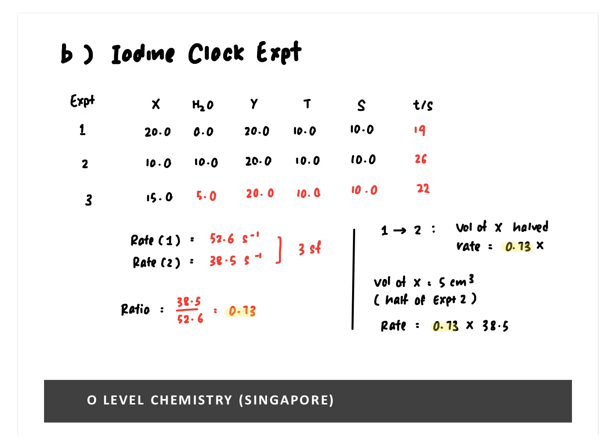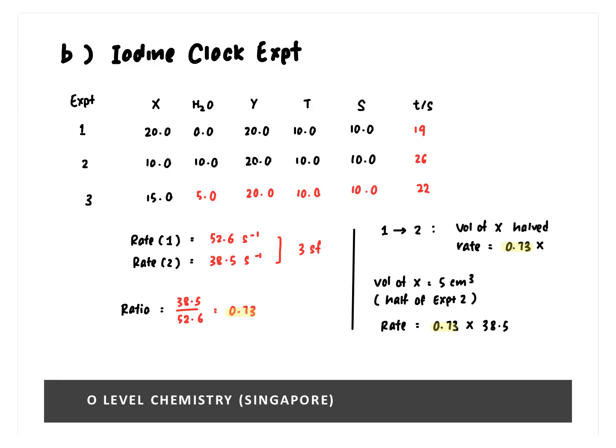Now, based on the time values, you were supposed to calculate the rates for experiment 1 and 2 by taking 1000 divided by the time, and we were told to leave the answers to 3SF. Subsequently, you were also asked to calculate the ratio between the rate for experiment 2 over experiment 1.